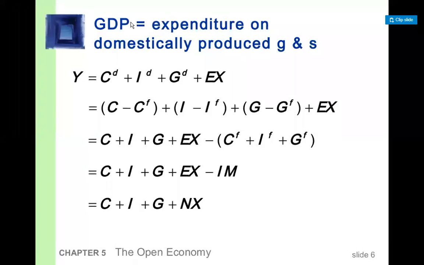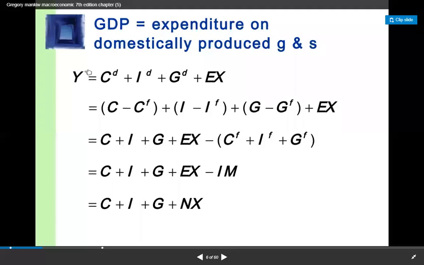So GDP is equal to total expenditures on domestically produced goods and services. So from GDP we get income. So income is consumed on domestically produced goods and services. So output is equal to income is equal to domestic consumption, domestic investment, domestic government expenditure plus export.